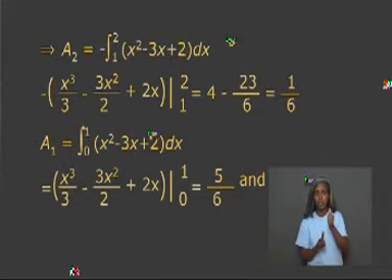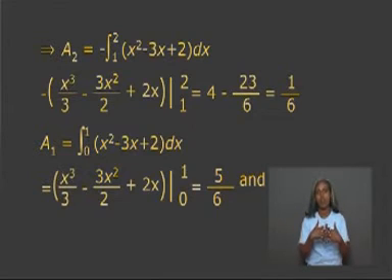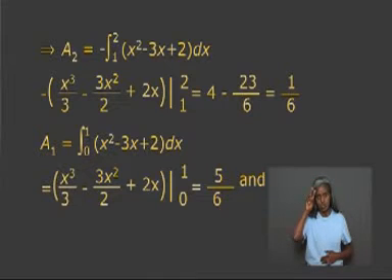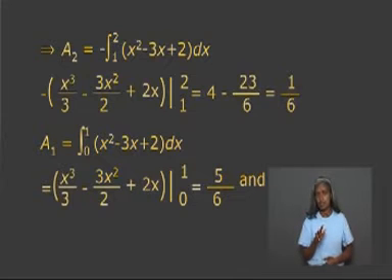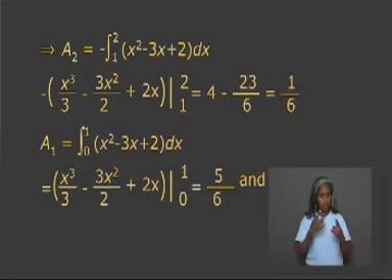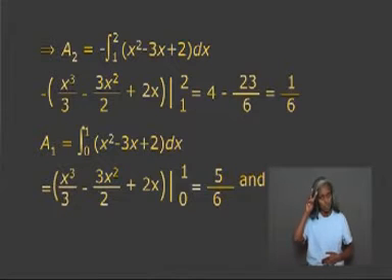A1 is the integral from 0 to 1 of x squared minus 3x plus 2 with respect to x. And A3 is the integral from 2 to 3 of x squared minus 3x plus 2 with respect to x.